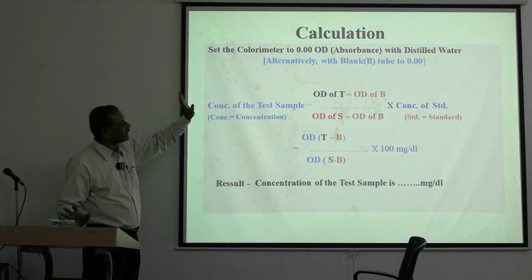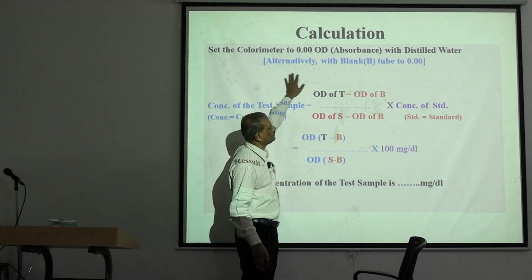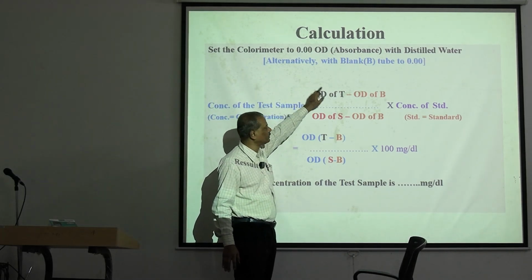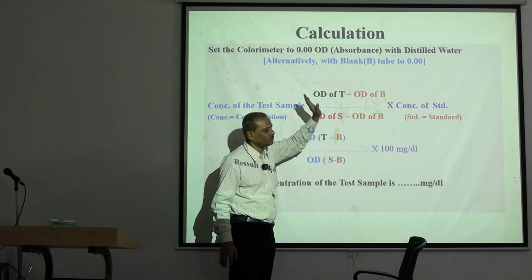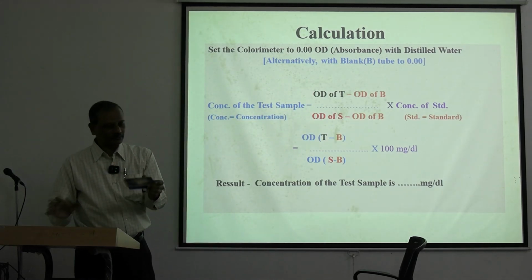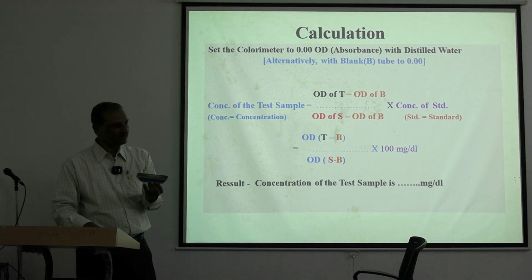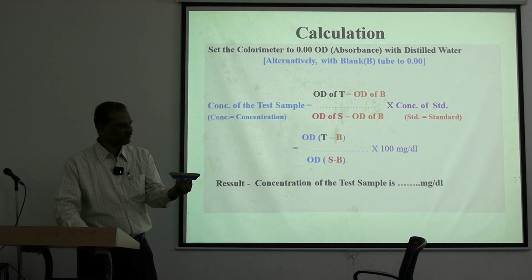Alternatively, you can take the blank test tube also. Forget about this thing, but there is an alternative way also, because then both things will be 0. Suppose in the vegetable shop you have seen there is a common basket, and that basket weight you put and then set it to 0.